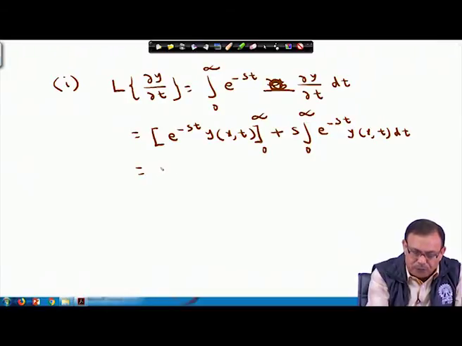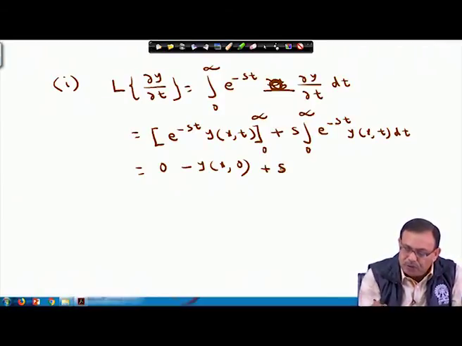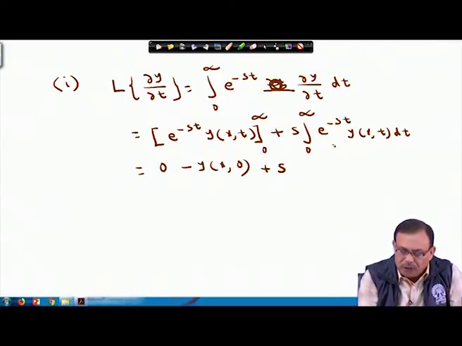The first part will be 0, and the second part will be minus y(x,0), when you put in the lower limit t equals 0, plus s times what is this?